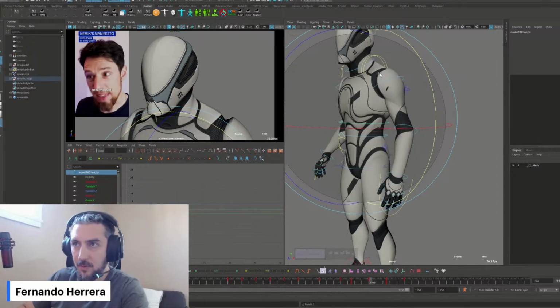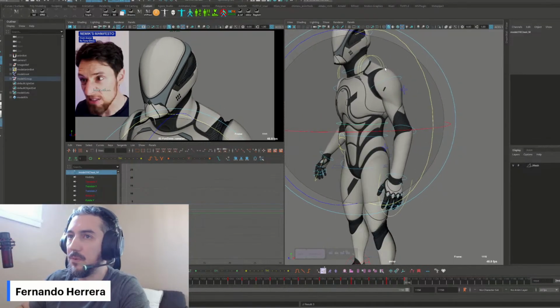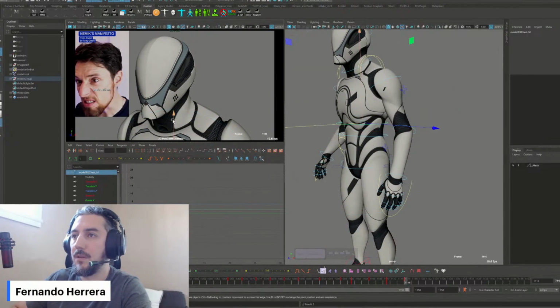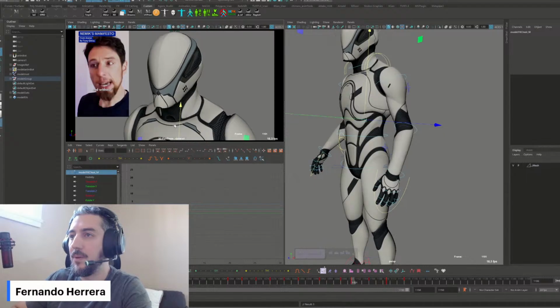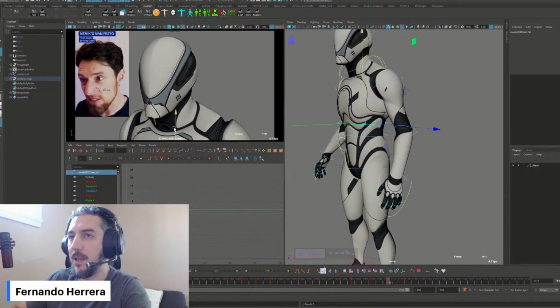Something like Fortnite emotes, for example, you'll be extracting a lot from the references, because it needs to feel very precise. And depending on the style, you don't have to go that far, but you are going to have that base knowledge.